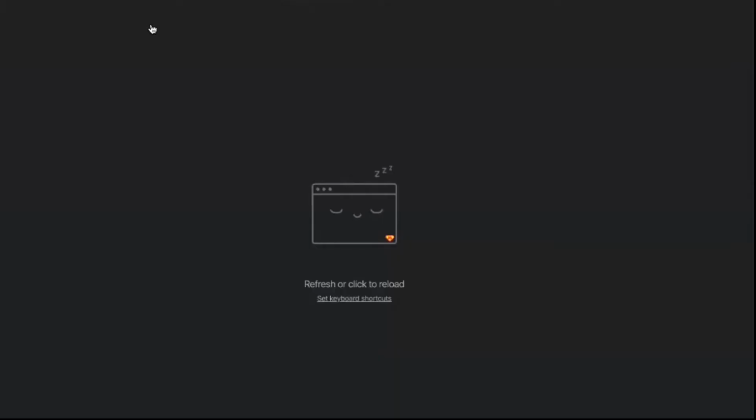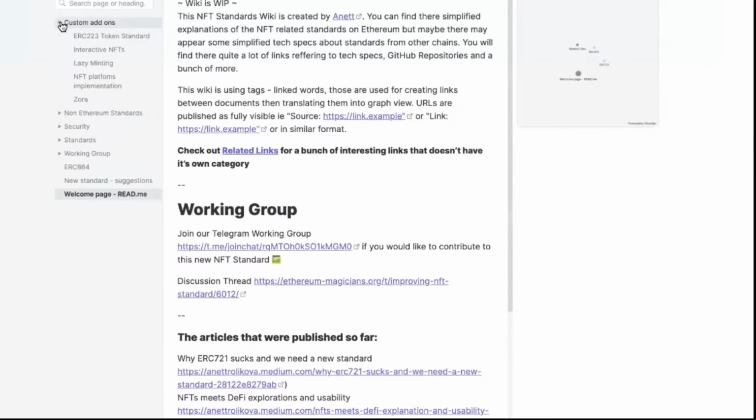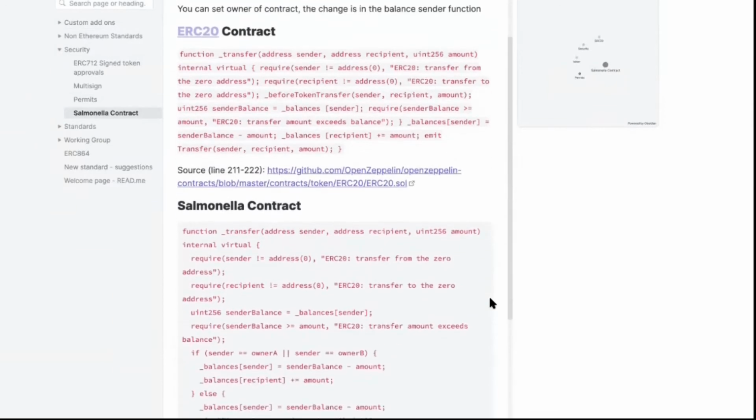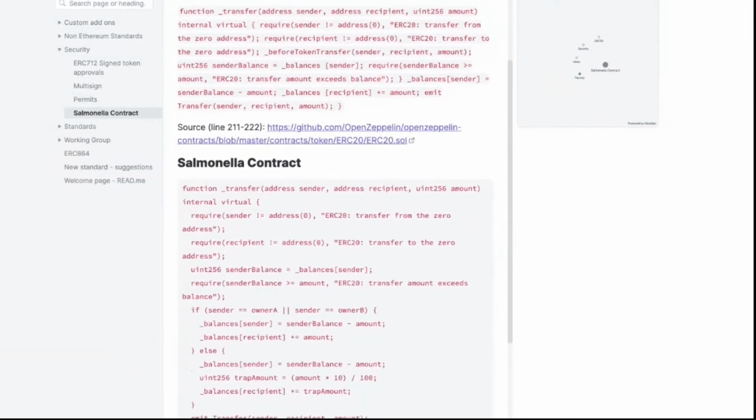So basically, a sandwich attacker will get sandwiched by them. It depends what you mean by getting away with it, because it's an exploit that works in a very, very dark forest. If sandwich people are getting away with it, then perhaps the Salmonella people are getting away with sandwiching the sandwichers. That makes no sense.